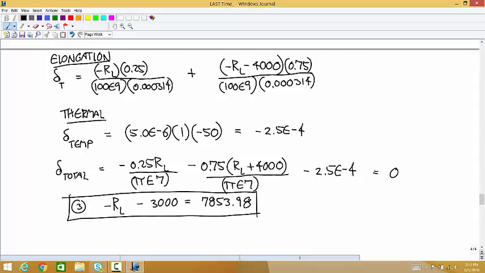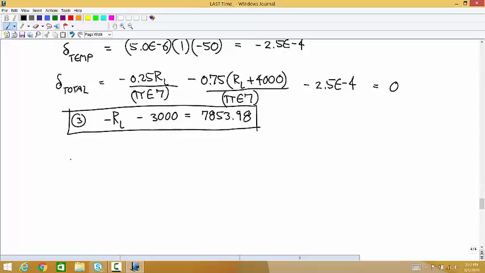And now we'll go to the angle of twist. So the total angle of twist is equal to the angle of twist for part 1 plus the angle of twist for part 2.